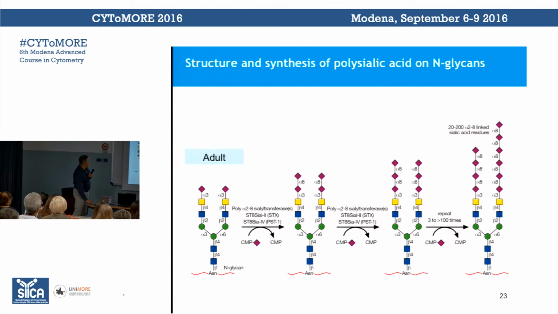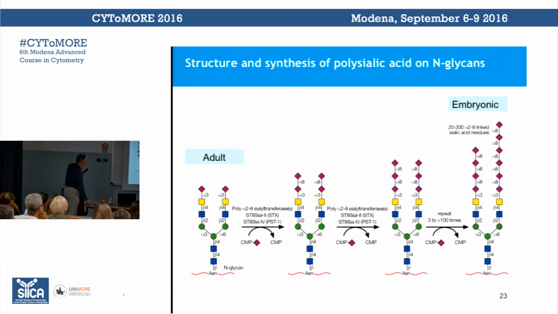Interestingly, if you look in the adult, there's virtually no polysialylation. If you look in the embryo, you see extensive levels of polysialylation on target cells. That's because cells have to have plasticity within their environment for organogenesis, migration, for forming neural networks, etc.